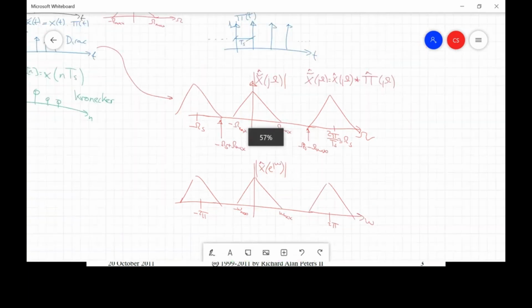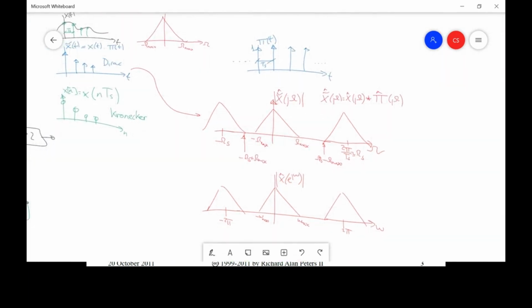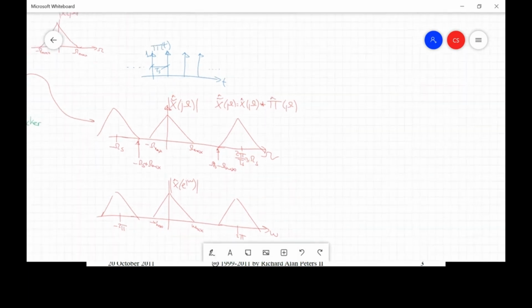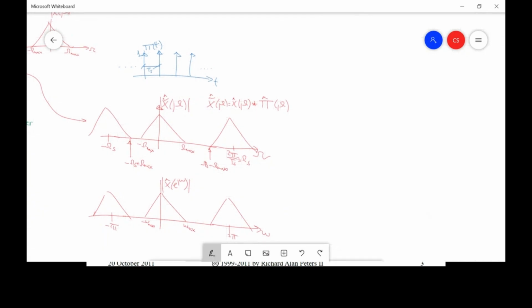Okay, so now, what happens if, let me make it green now, my sampling rate is much lower?